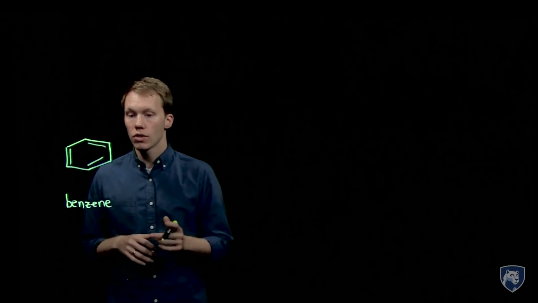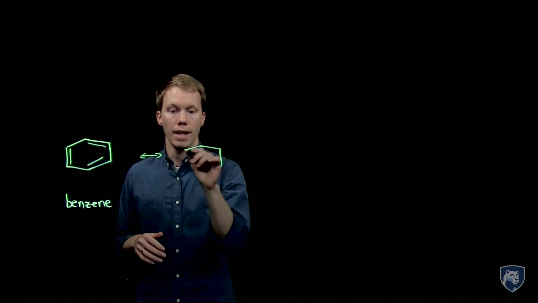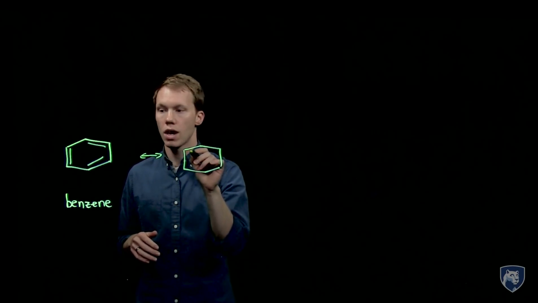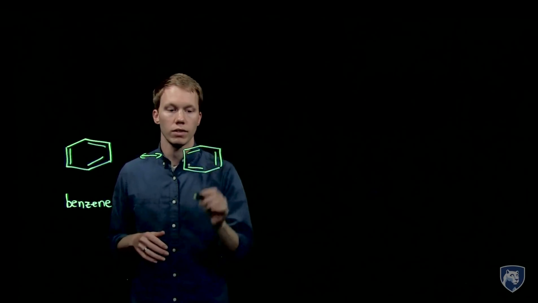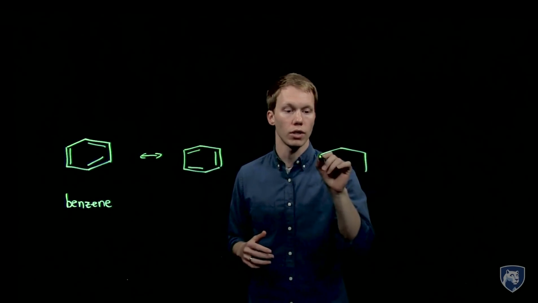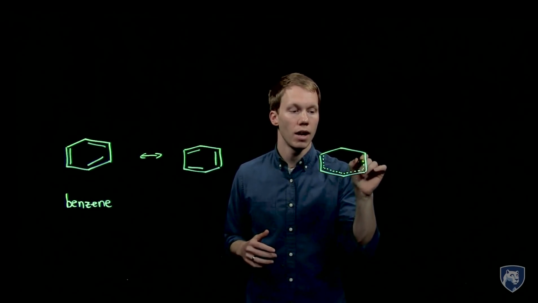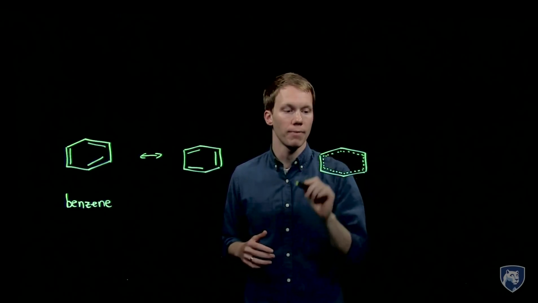So let's look at the structure here. Remember that there is resonance in benzene, and so I can draw a structure that looks like this. That is an equivalent contributor to that true structure, which is the hybrid, where there's electrons delocalized about the entire ring.